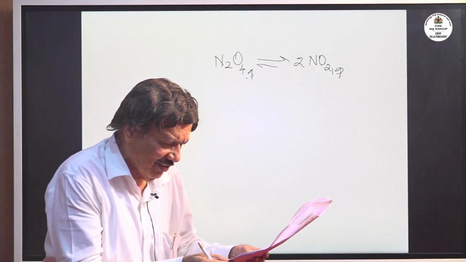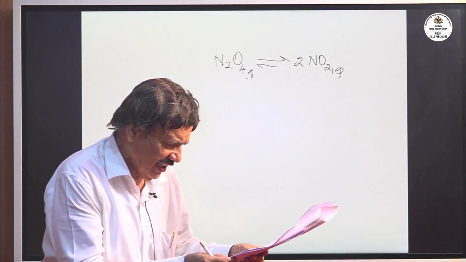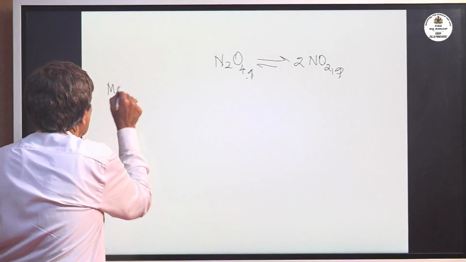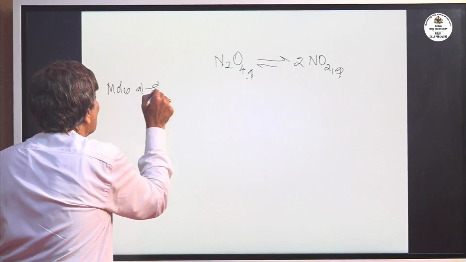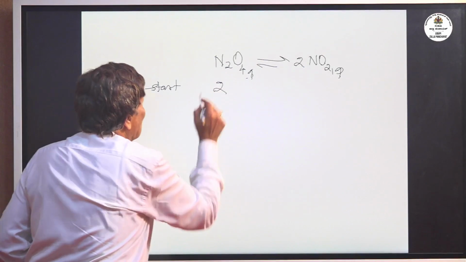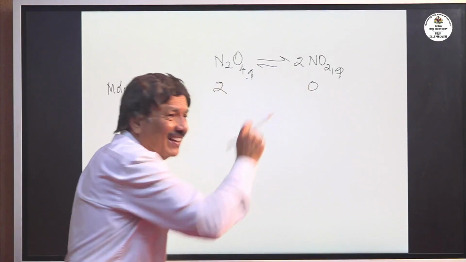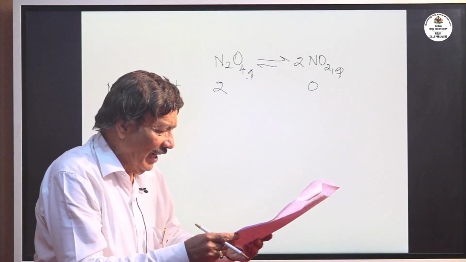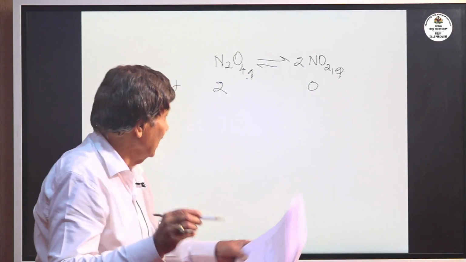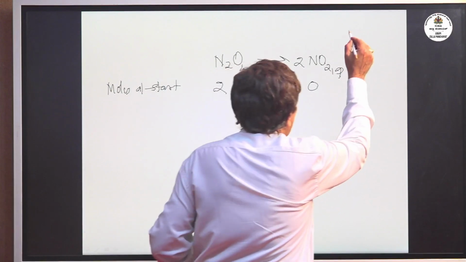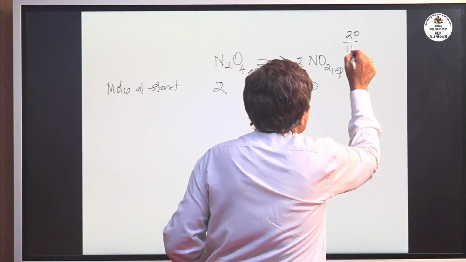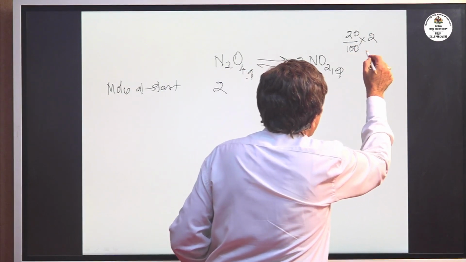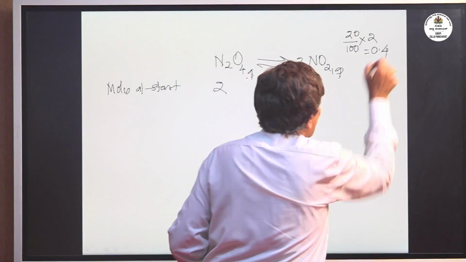What they have started with is, how much? 2 moles. Moles at start. This is 2, this is 0, because start. Then they are telling that at equilibrium, 20% is decomposed. 20% of 2 moles, it is 0.4.